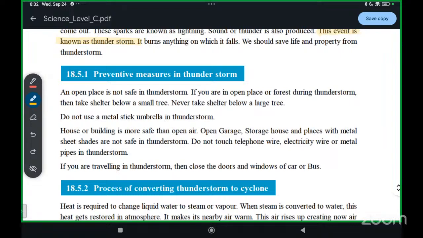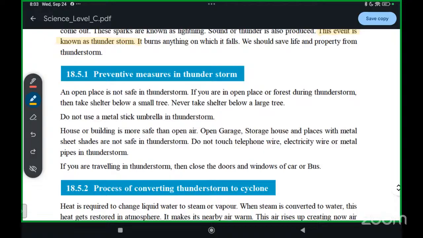Do not use a metal stick umbrella in a thunderstorm. Do you know that they get attracted towards metal? They try to transfer the charge to the metal. And when this happens, your umbrella will burn and you will burn along with it.